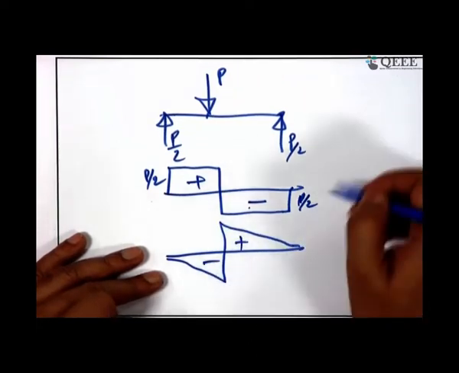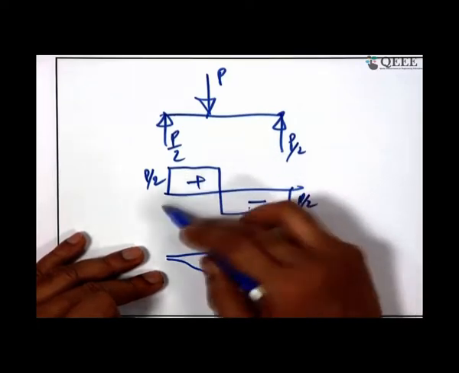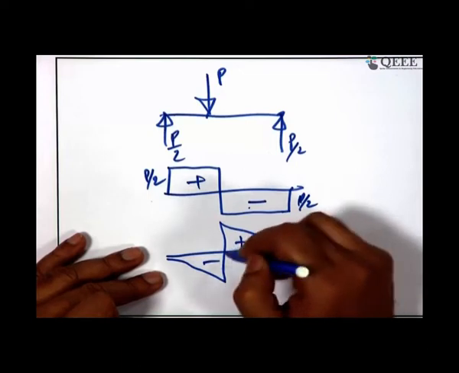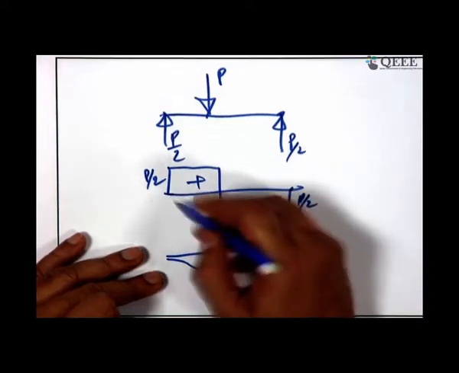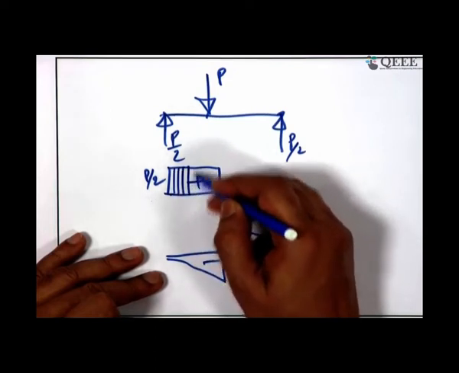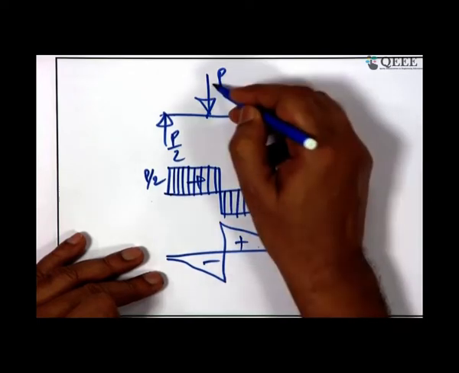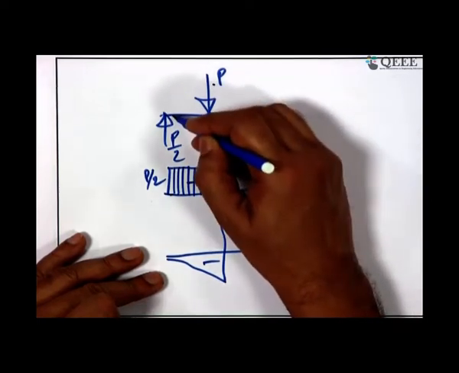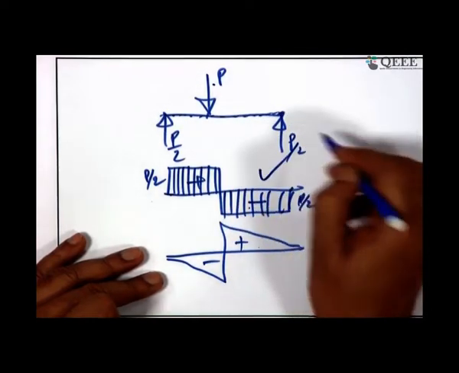Now, for that you have to explore what this positive, negative, negative, positive is all about, and what this shape and this shape are all about. You must digest the fact that this is a spatial variation. This gives the shear force at different locations. So, if the question is asked, due to this load, what is the shear force at this point, this point, this point, this diagram answers.